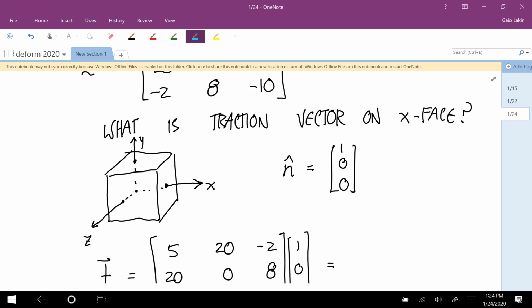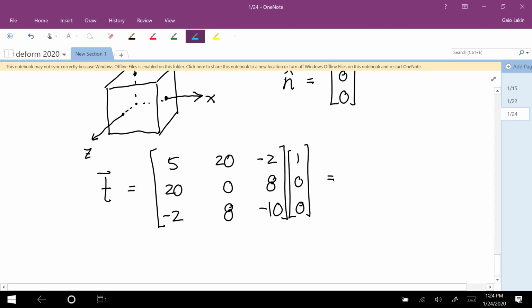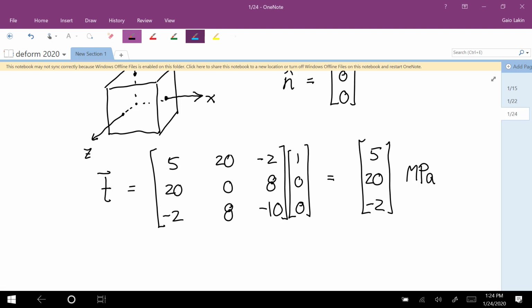Yep. So that's the outward facing unit normal to the face. And if you do this multiplication, you get a vector 5, 20, negative 2. We're still in megapascals. And that's the vector of force per area acting on that face. Okay.